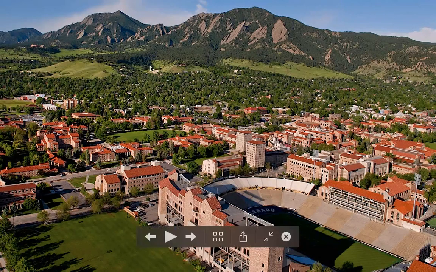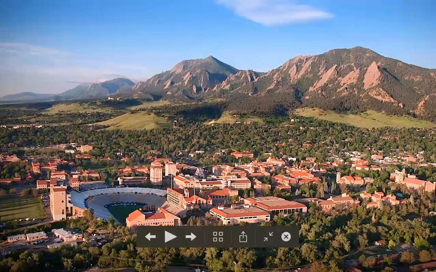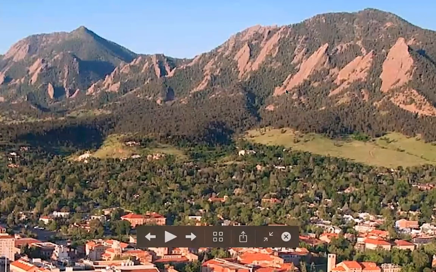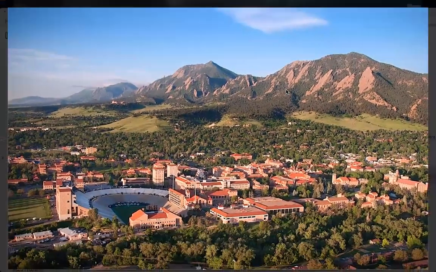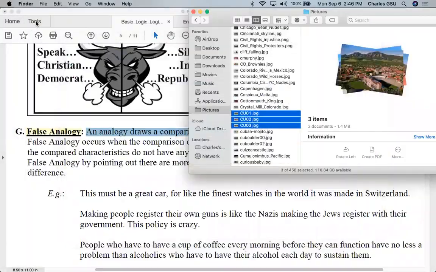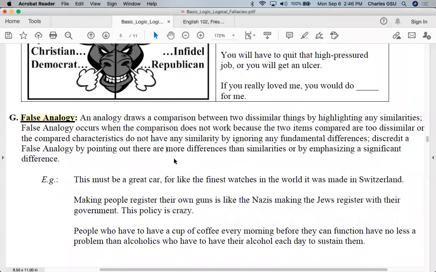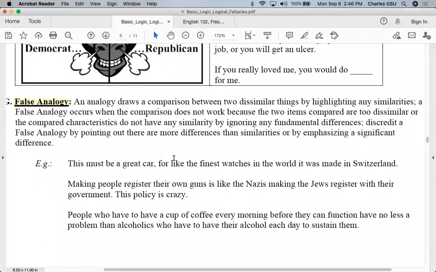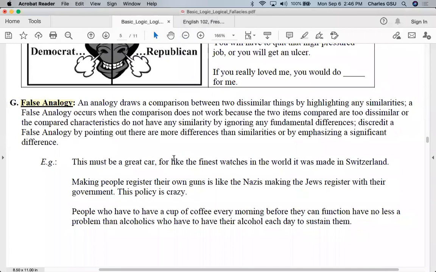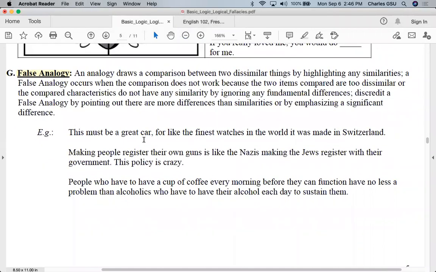In that case, we're talking about the jaggedness of the mountains. So the problem with a false analogy is that it tries to take two different things and jam them together, but it doesn't quite work because the similarity isn't correct.